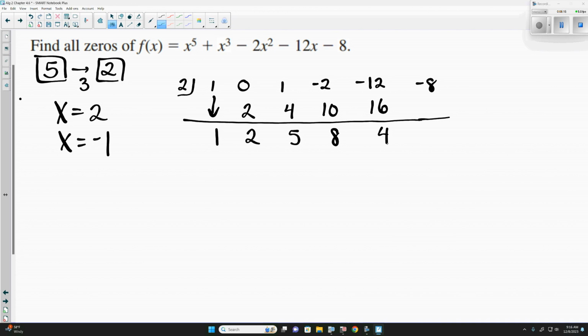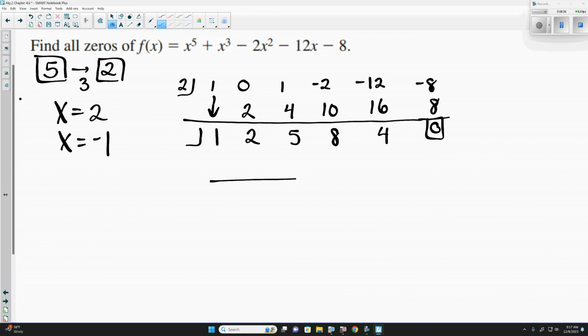And lastly, 2 times 4 is 8. And our -8 plus 8 is 0. Now that is the remainder we wanted. We needed to get that, because again, it told us it was a solution already. So we knew the remainder should be 0. Questions on this here?